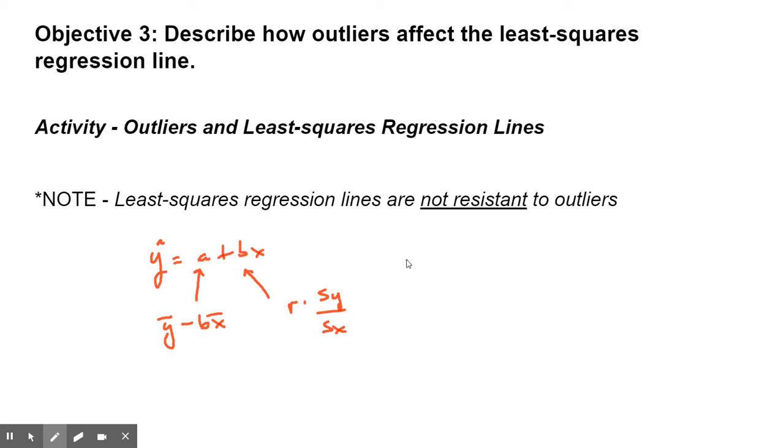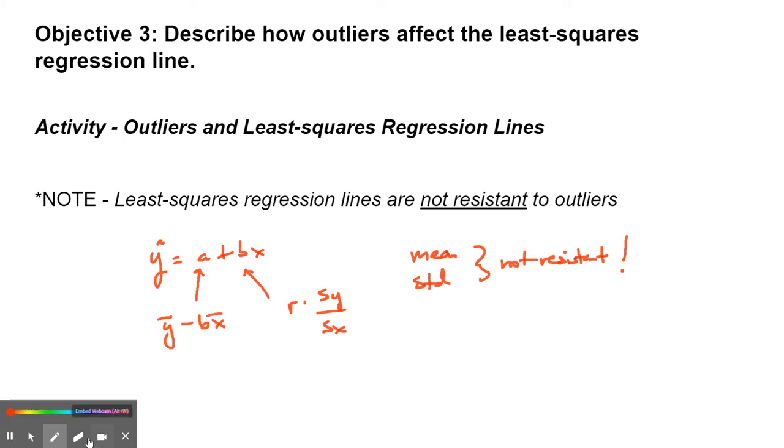So it is using the mean and the standard deviation to find the values in this regression line. Well, the mean and standard deviation are also not resistant to outliers. So it should only make sense that outliers are going to affect the slope and y-intercept of a regression line. Okay? So again, all coming full circle from that chapter 1 discussion on resistance to shape and outliers.